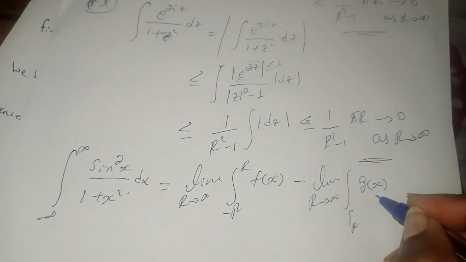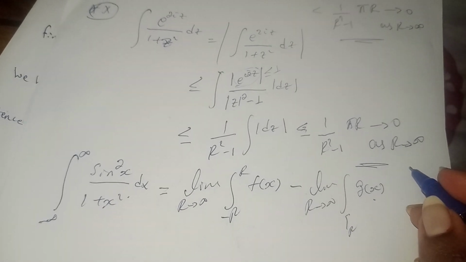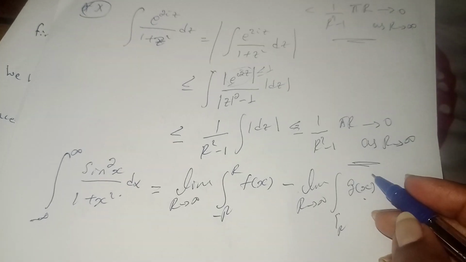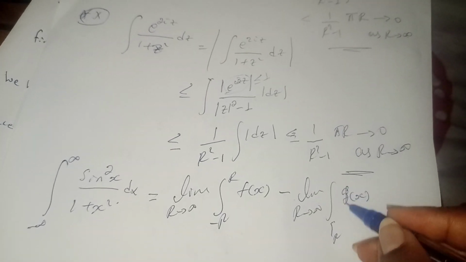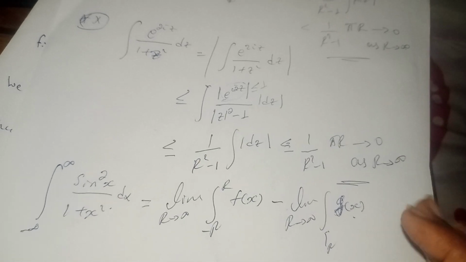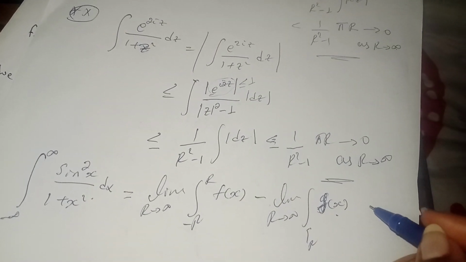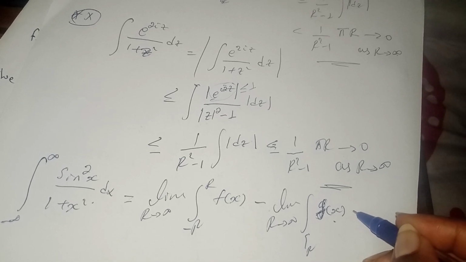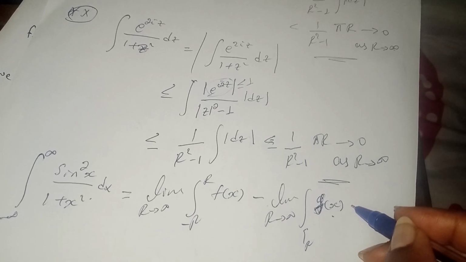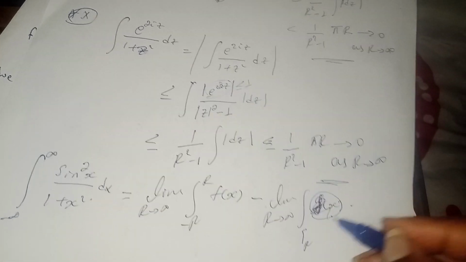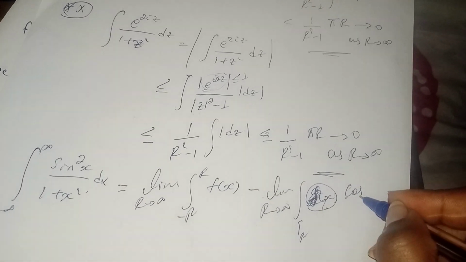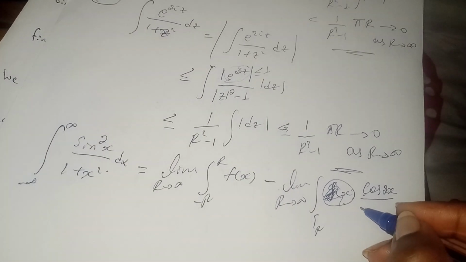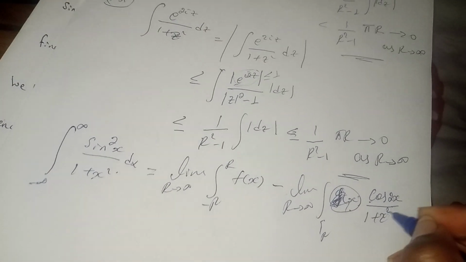Both are 0 already here, so we have only this one. Finally I can use the function here, cos of 2x over 1 plus x squared.